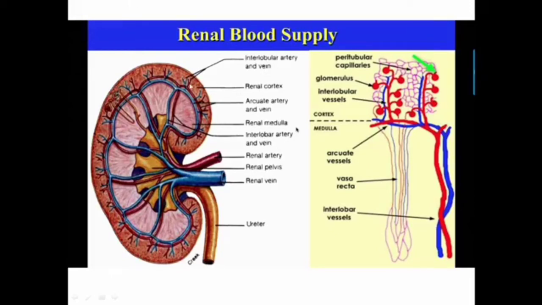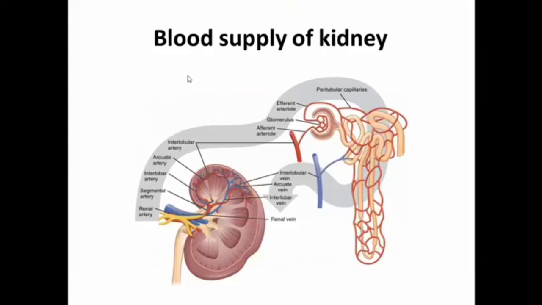Now these interlobular arteries turn laterally to enter into the lobules of the kidney, and then give rise to the afferent arterioles. And further explanation will be with the next slide.